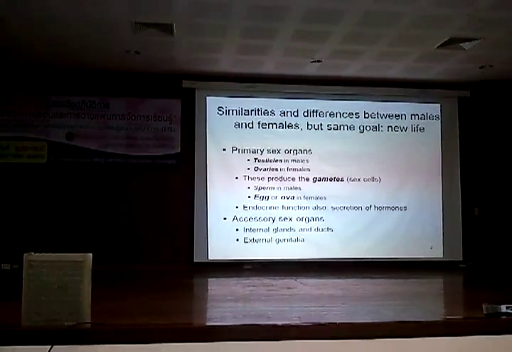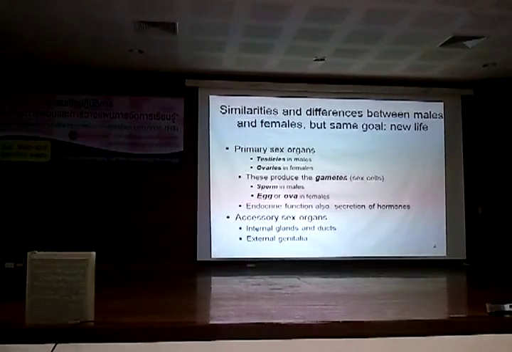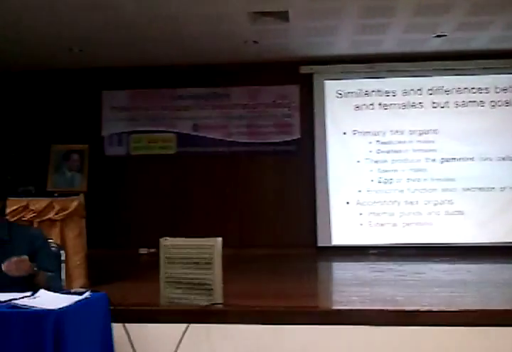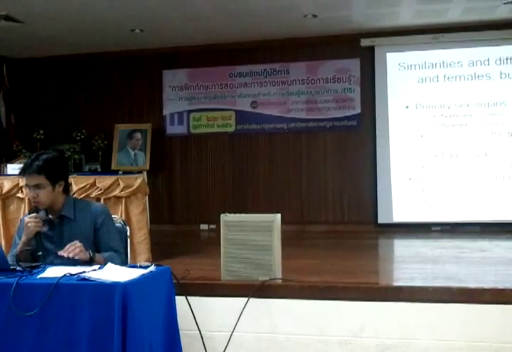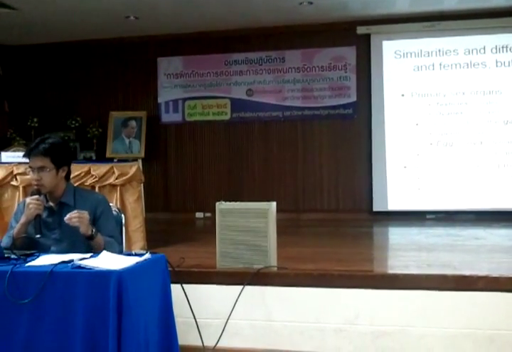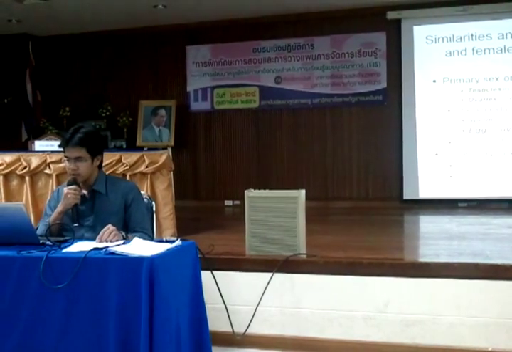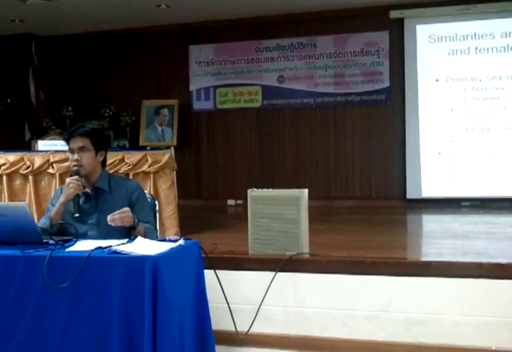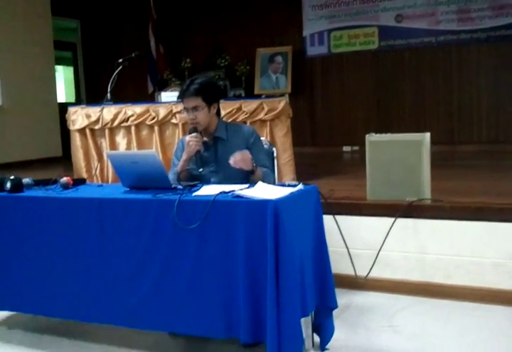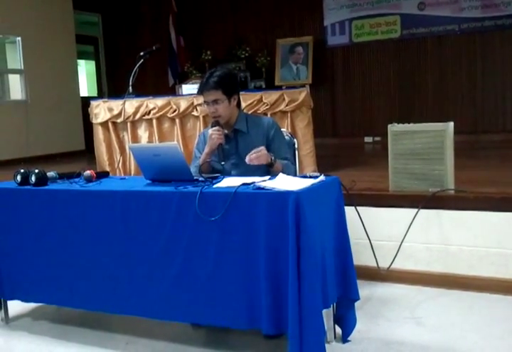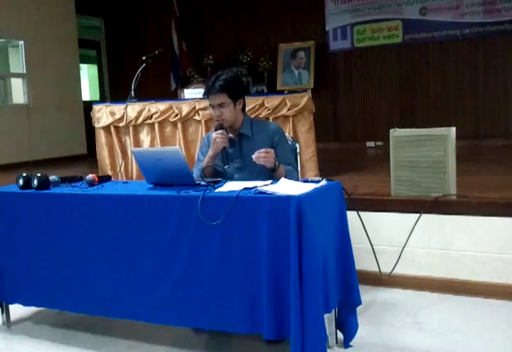But they do not only produce sex cells. The reproductive system also involves the secretion of hormones such as progesterone and estrogen. The accessory sex organs are the internal glands and ducts and the external genitalia.